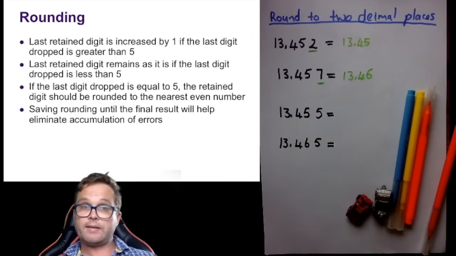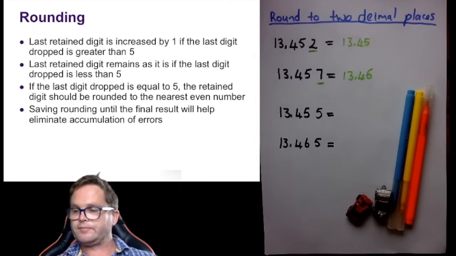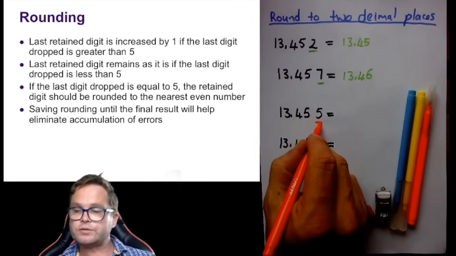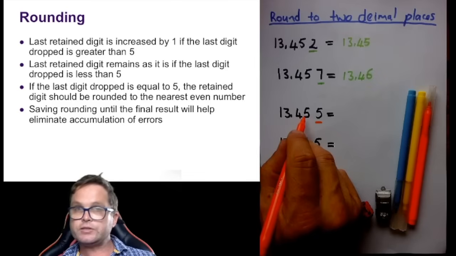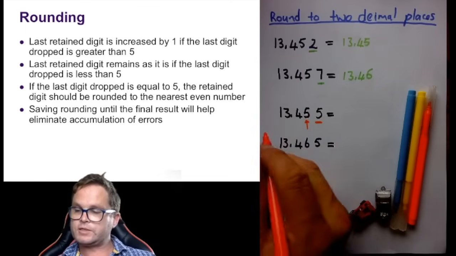The last 2 points deal with what we should do if the last digit to be dropped is equal to 5. Well, there are 2 cases. If the last digit to be dropped is equal to 5, the retained digit should be rounded to the nearest even number. So here we can see the digit to be dropped is equal to 5, and we need to round this 5 here off to the nearest even number, which is 6.